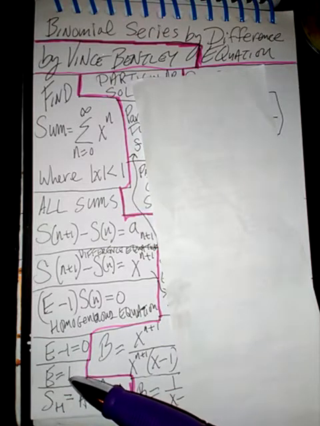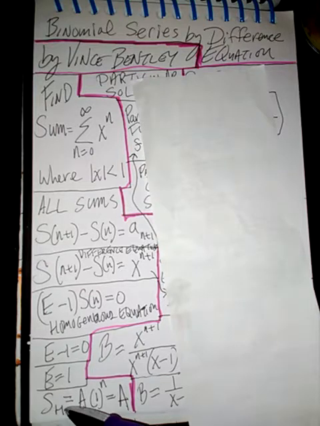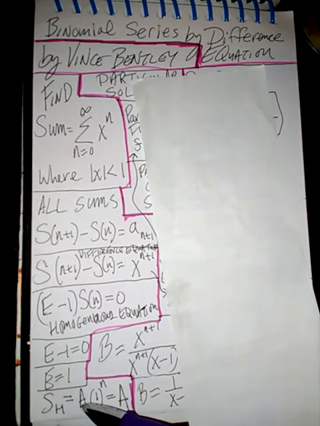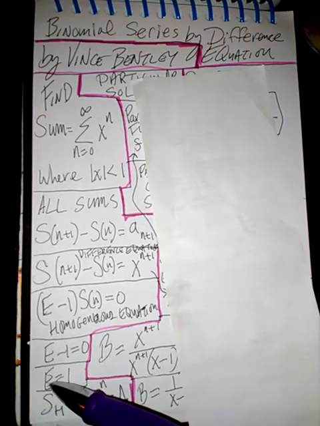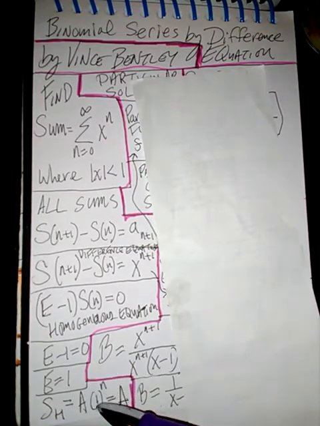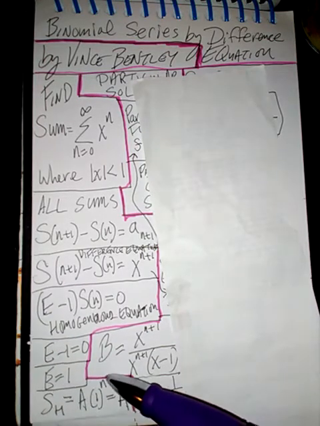And the way we write our homogeneous solution is a little bit different from a differential equation. The differential equation has a constant, and so does this difference solution. But what's different is when you solve for E, if you have E equals 7, it'll be 7 to the n. If it's E equals 1, though, it'll be 1 to the n.